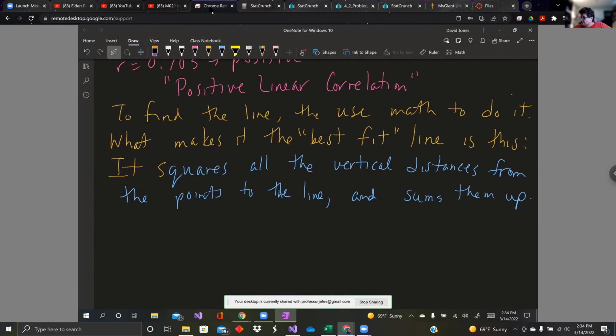Maybe I should give you more information. Let's identify the stuff. Y hat is going to be the predicted value of Y based on the line.